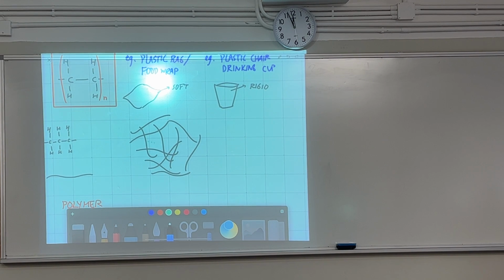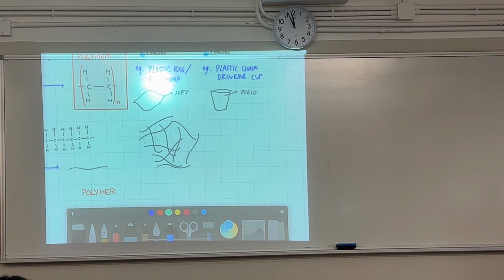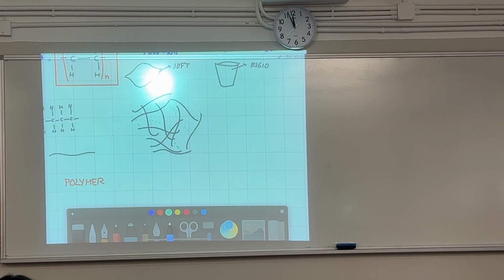The intermolecular force between the molecules cannot hold them too tightly together because of the disorder. It is because of that they are soft. So write down why they are soft. Soft because of the highly disorganized structure, which means the intermolecular force cannot form effectively.